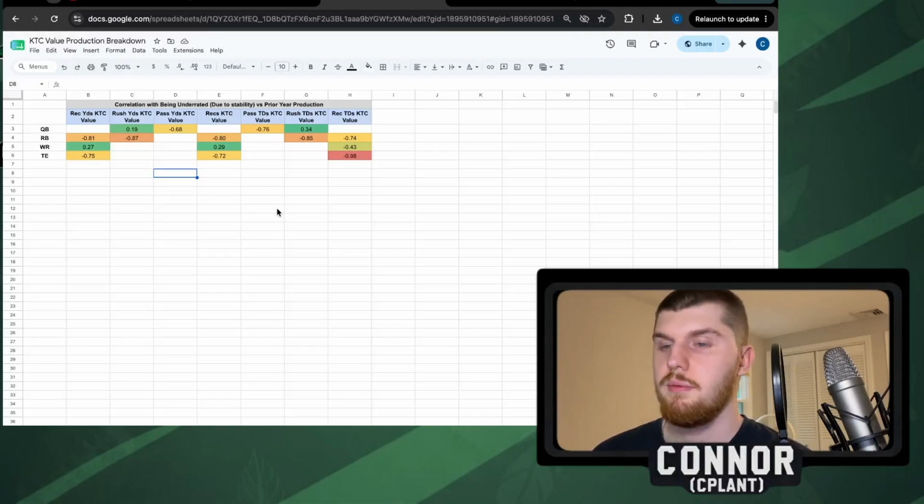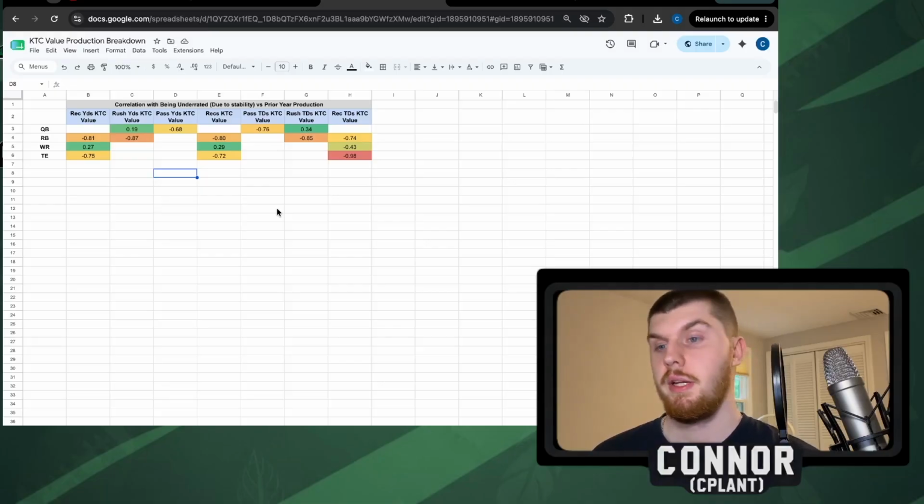And at quarterback, we got rushing yards and rushing touchdowns. We know that the Konami code is real. Rushing quarterbacks do provide a lot of value, and they have a lot of stability, right? Those specific ways of scoring fantasy points are predictive.